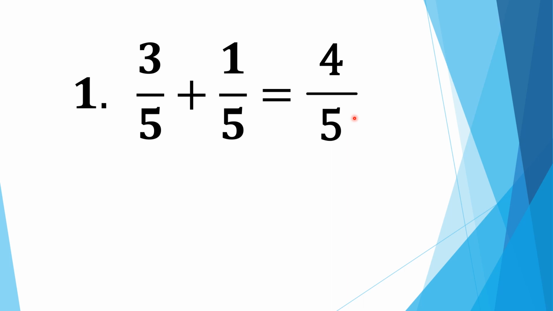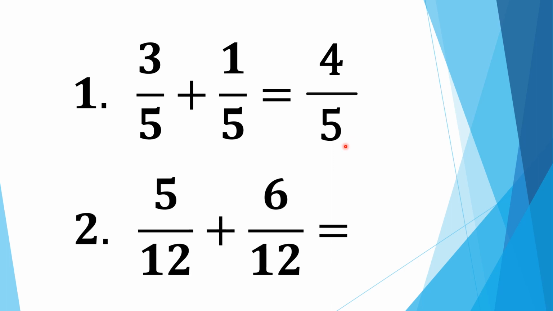What is lowest term? A fraction is in lowest term if the numerator and denominator are relatively prime, or have no factors other than 1. So 3/5 plus 1/5 is equal to 4/5.